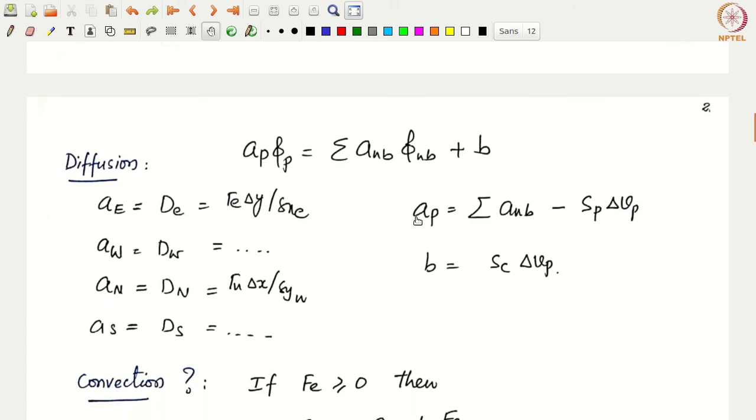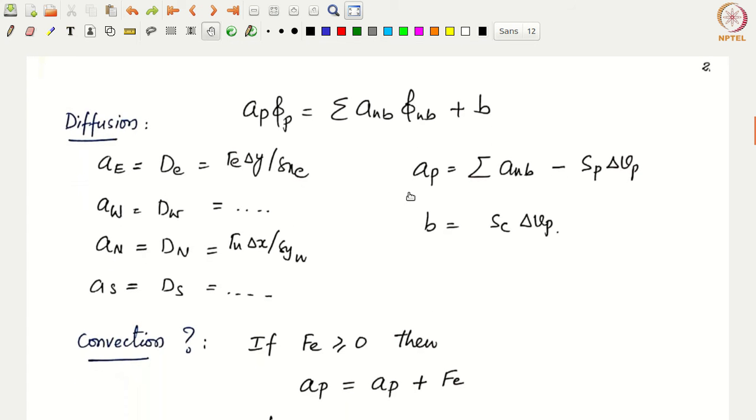One thing would be to first discretize the equation as if there is no convection. First, let us look at the diffusion part of the equation. If you were to write the final equation as AP phi P equals sigma NB phi NB plus B, then the component coming from the diffusion is the same as what we have studied before. That doesn't change. Only the convection part would now have conditional statements because of the mass flow rate coming into play.